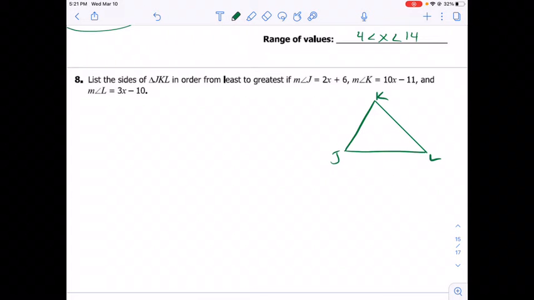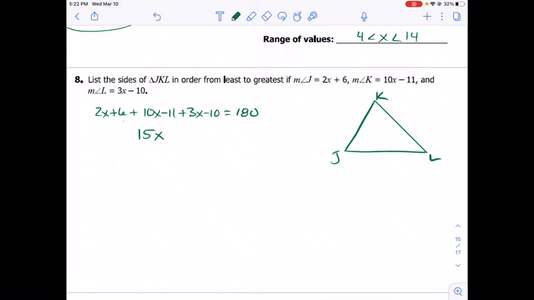Now one thing we know about our angles is they all add up to 180. So we can start here and do angle J plus angle K plus angle L and set them equal to 180. So we'd have 2x plus 6 plus 10x minus 11 plus 3x minus 10 equals 180. So combine our x's: 2 and 10 is 12, 12 and 3 is 15. So we get 15x.